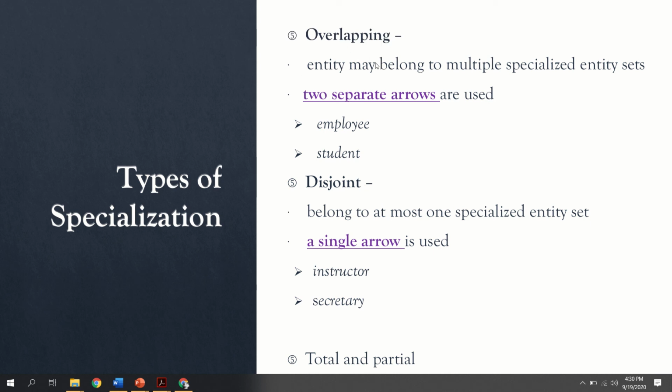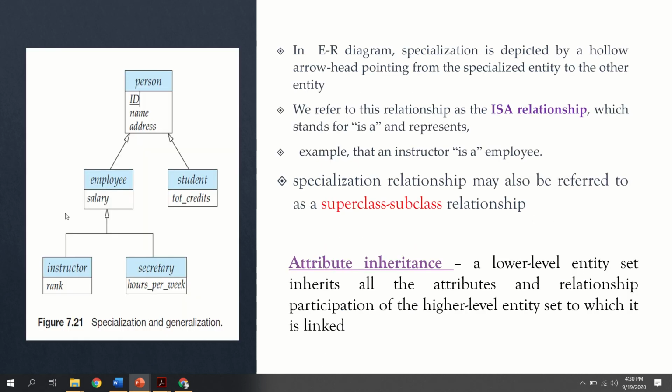So first of all, what is the meaning of overlapping specialization? We know the meaning of overlapping. Overlapping can be explained with one example. Suppose we are taking an employee. There is a chance that the employee can be a normal employee in that university, or he can also be a student.